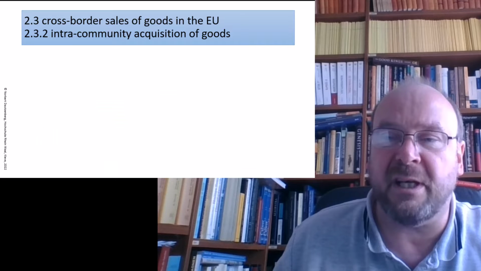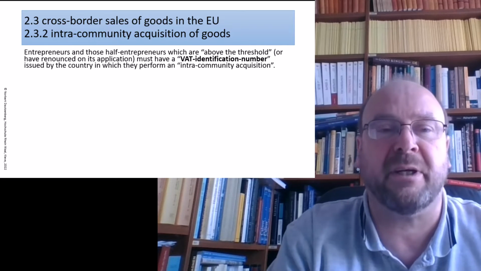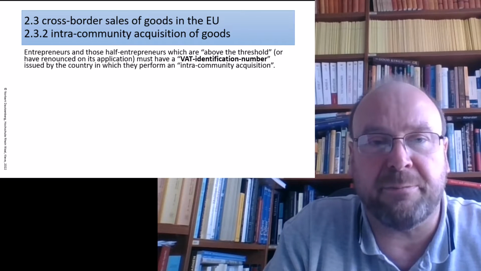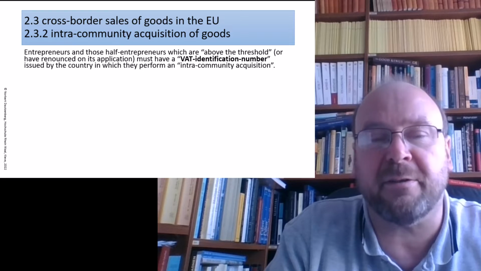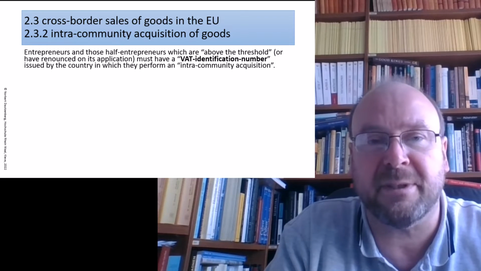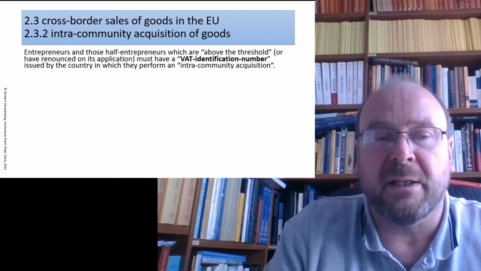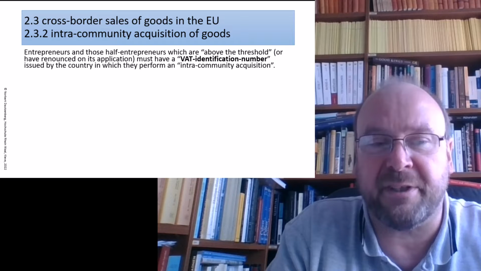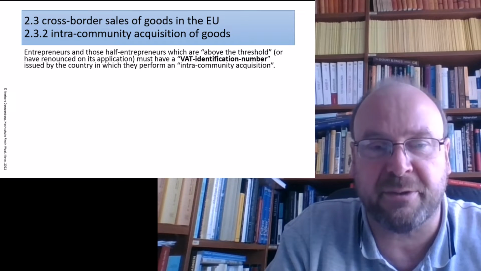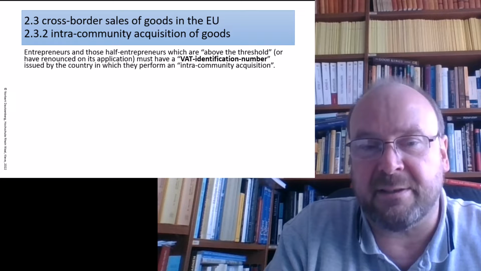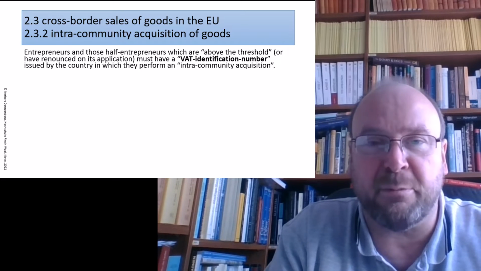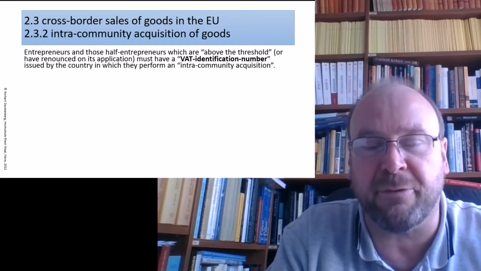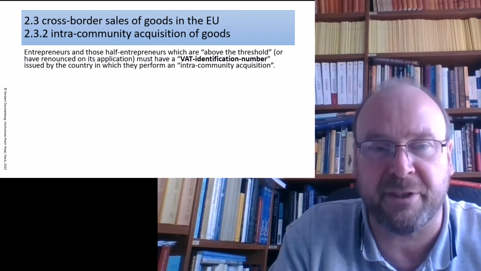Good. Now, how can you recognize as a seller that your buyer is one of the buyers who is liable to acquisition tax? Well, entrepreneurs and those half entrepreneurs who are above the threshold or have renounced the threshold must get a value-added tax identification number from their country or from every country in which they perform a taxable intra-community acquisition.